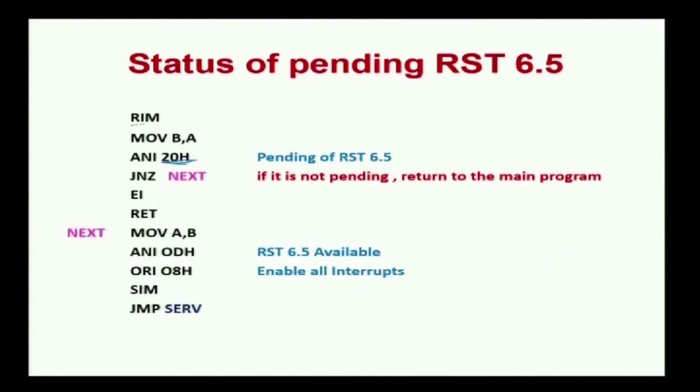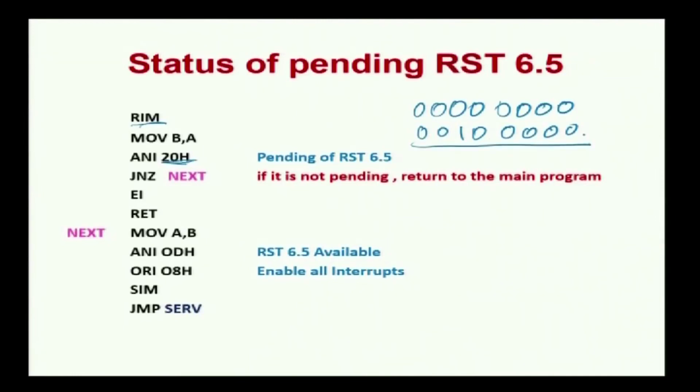Suppose after reading the RIM instruction, I have the value as 0 0. This value is temporarily stored in the B register. Now, I am logically ANDing with the status to know the status of 6.5, and the value is 20. In the AND operation, if any one of the signals is low, the output is low.